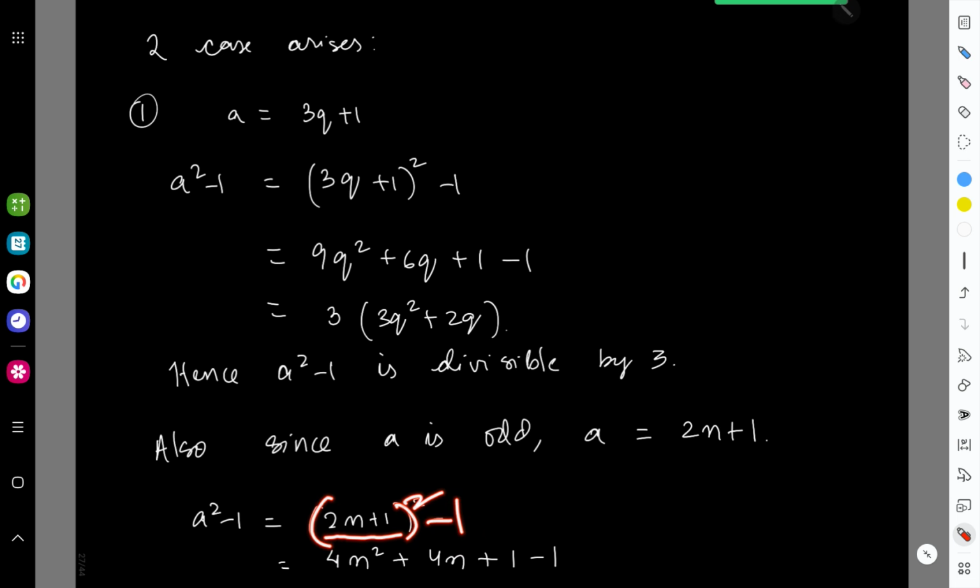So a square, this is our a square, minus 1. I have used the identity to expand this term, minus 1. The rest is the result of the expansion of our algebraic identity a plus b whole square. I can cancel this, then I'll be left with 4n plus 1, right?